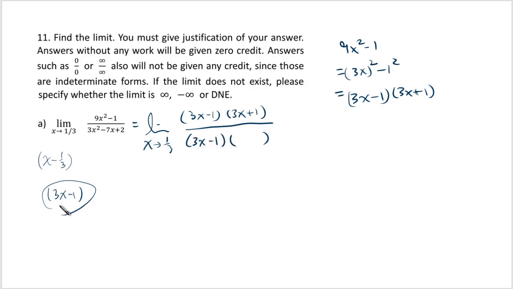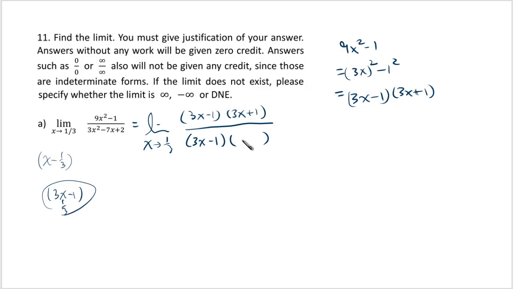See, what is 3x minus 1 when you plug in 1/3? 3 times 1/3 is 1, 1 minus 1 is 0, right? So when you plug in 1/3, you're going to get 0 here, and that's why this will be a polynomial that gives you 0 when you plug in 1/3. That's basically the gist of the factor theorem.